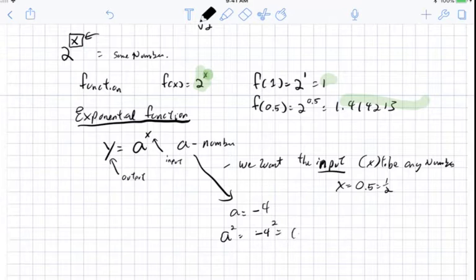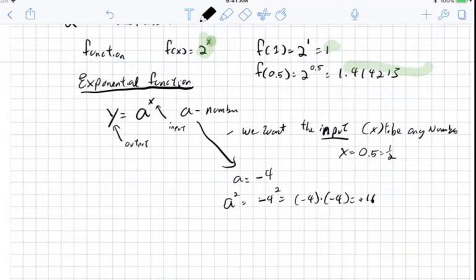That's -4 times -4, so that's +16. We're cool. On the other hand, the function at the value x is equal to 1/2, that corresponds to the square root of -4. That doesn't exist.